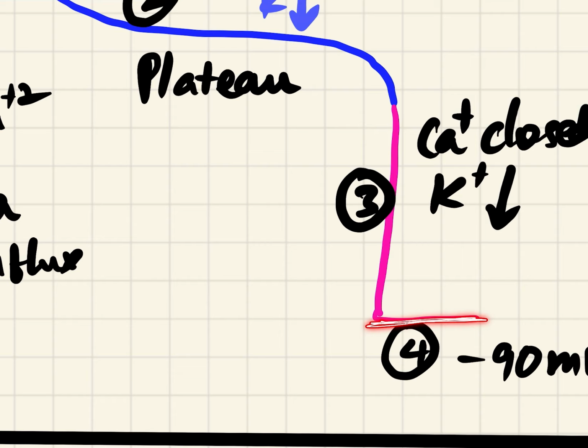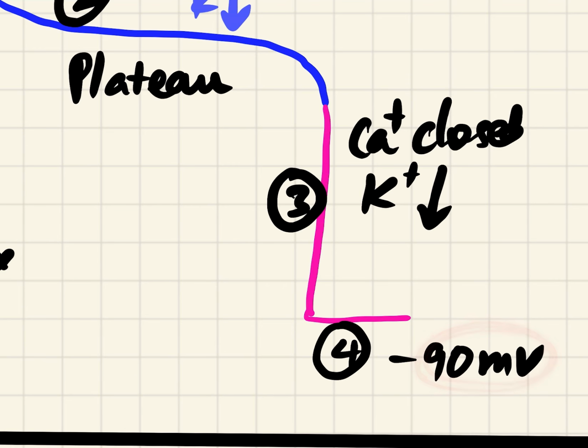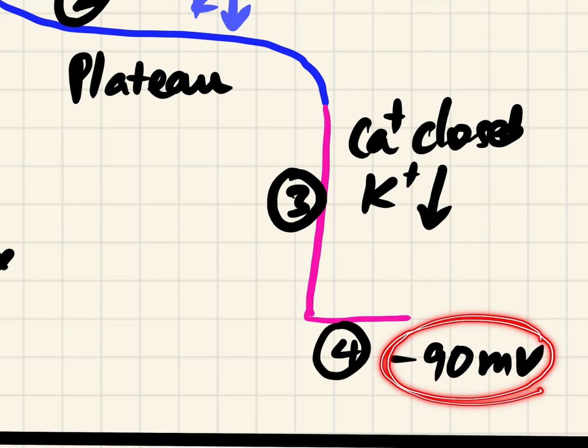Now coming to phase 4. Phase 4 is nothing but the resting membrane potential, which reaches -90 millivolts. Here the potential has reached the resting membrane potential, but the resting ionic composition is restored by the sodium potassium ATPase.